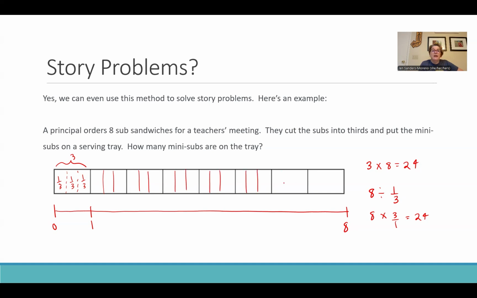It's hopefully not going to take that much longer. If the difference of 60 seconds is going to make them feel better about it, that's fine by me. The point being, though, is that we're going to have 24 mini subs on the tray. Okay. Woohoo! We did the first type of division problem.